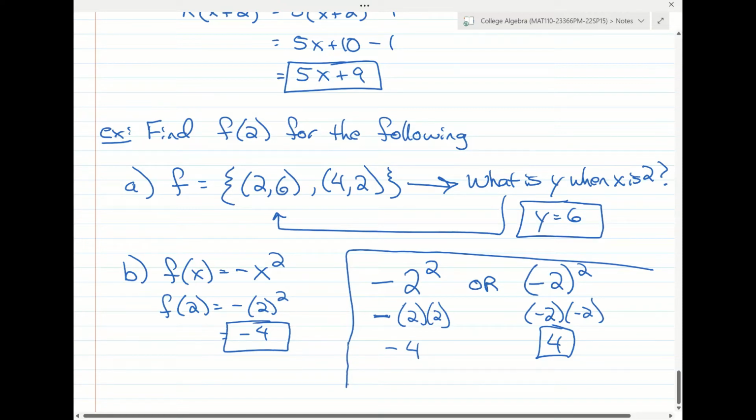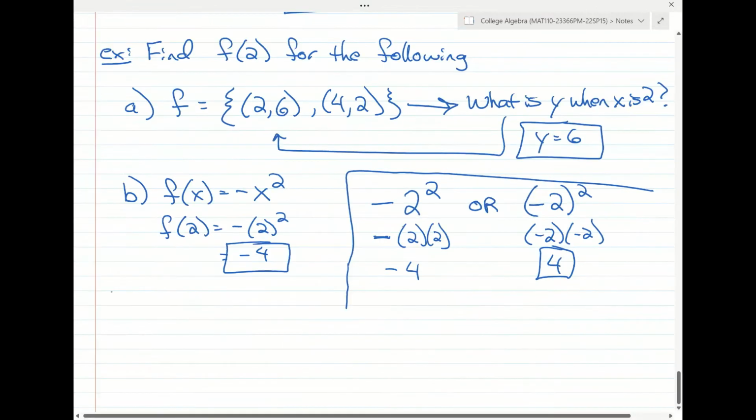Whenever you plug in a number, you want to make sure you use parentheses.